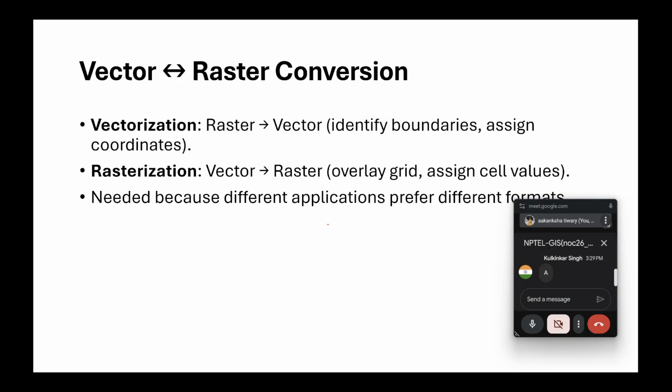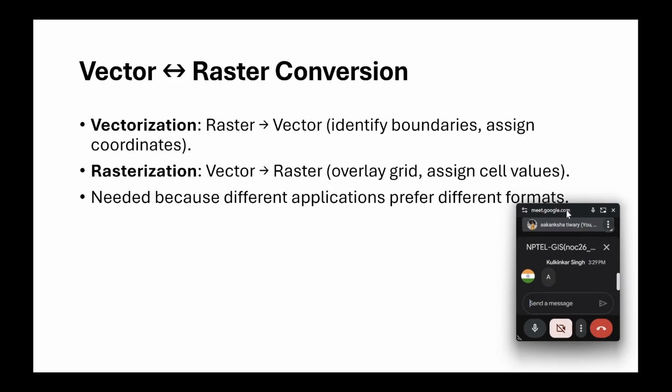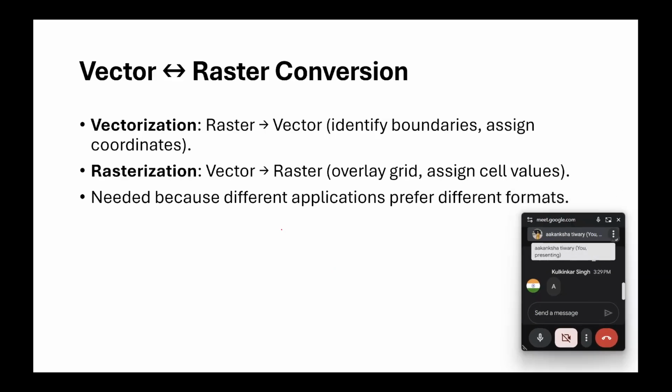Vectorization is raster to vector as the name suggests, and rasterization is vector to raster. Okay. This is done because in different applications different formats are preferred. That is why we need to convert from one data model to another data model.